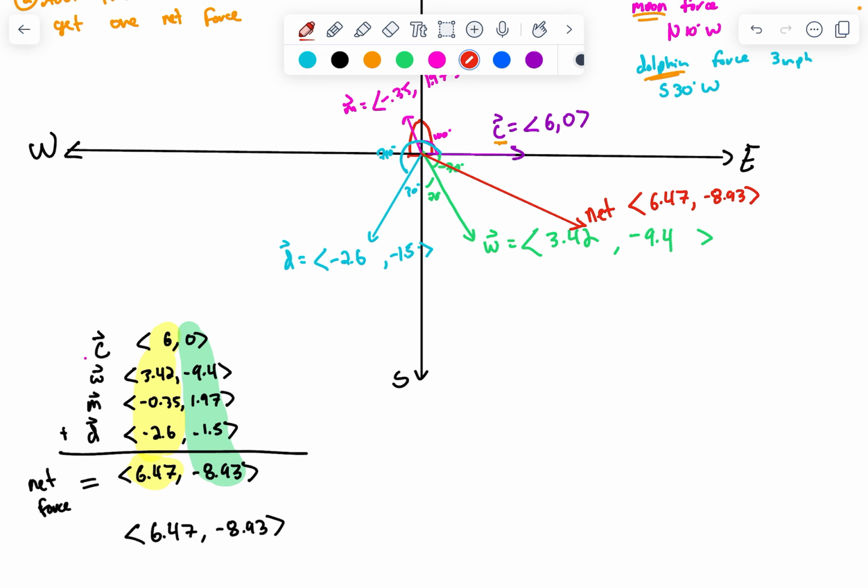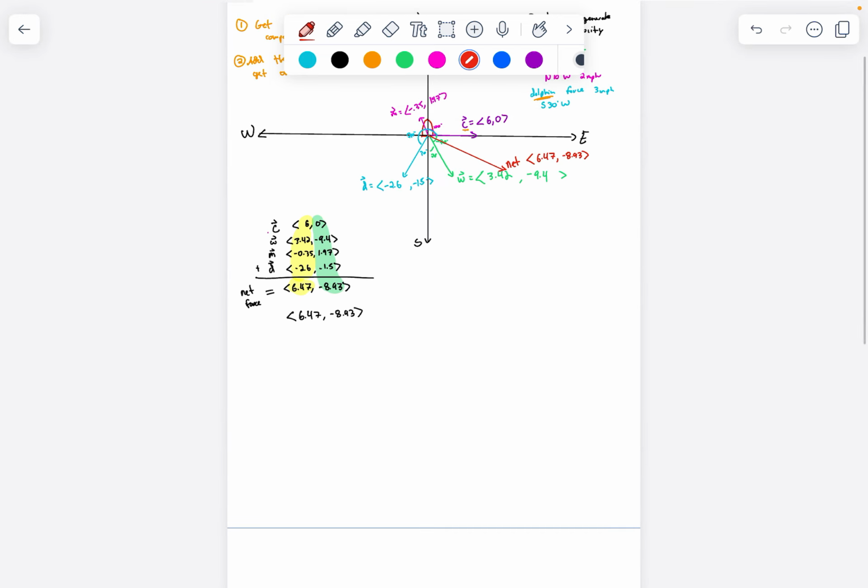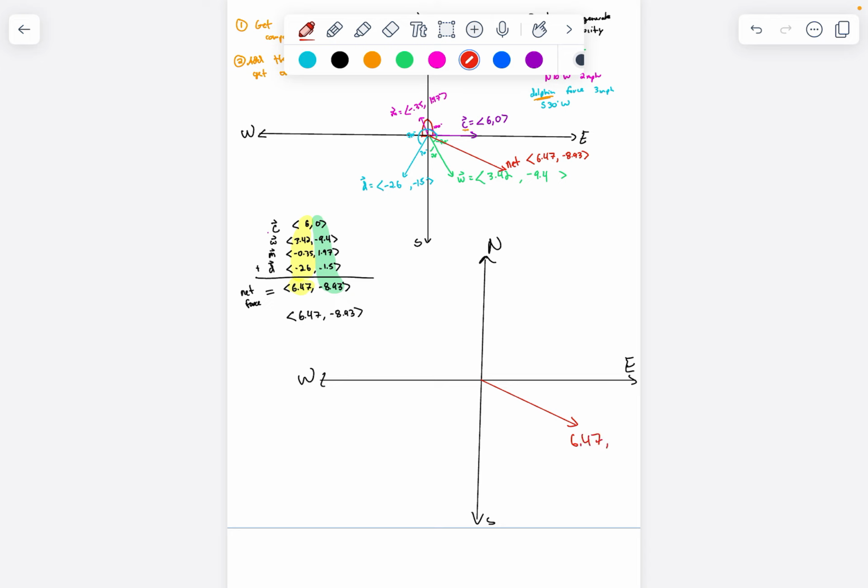And this net force, I'm going to draw a new north, south, east, west for this, but this net force has a horizontal component, and it has a vertical component. North, south, east, west. Here's my net force. 6.47, comma, negative 8.93.